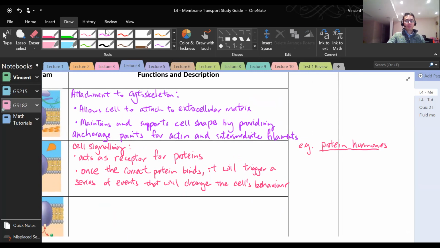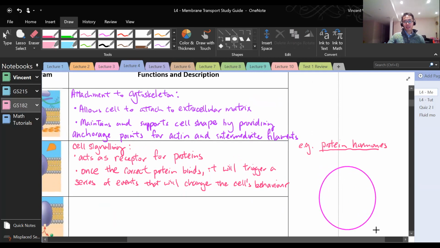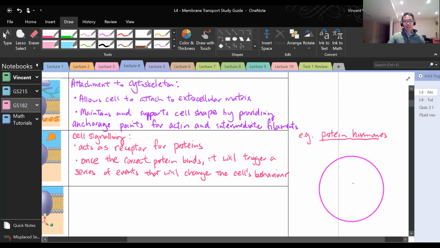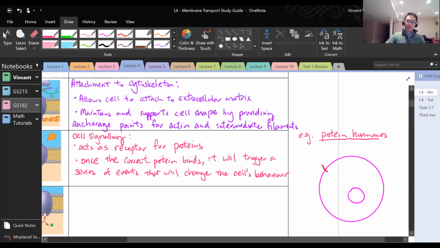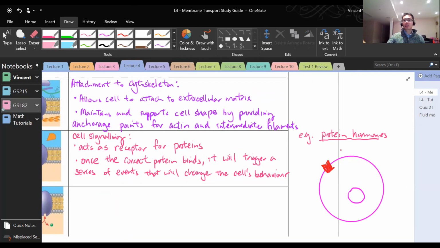All right. Here is our lovely cell, and this is the nucleus. On the surface, we are going to have a membrane protein that acts as a receptor. Each receptor is only going to allow certain types of molecules to bind.